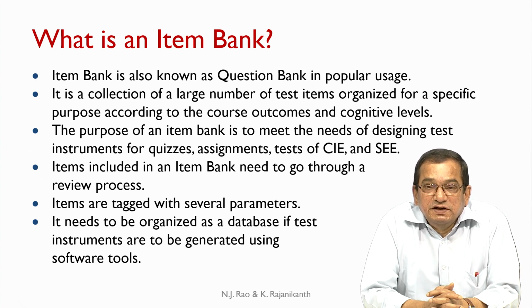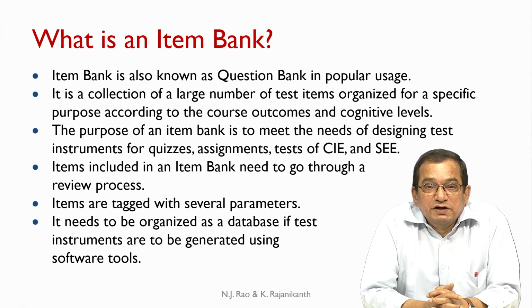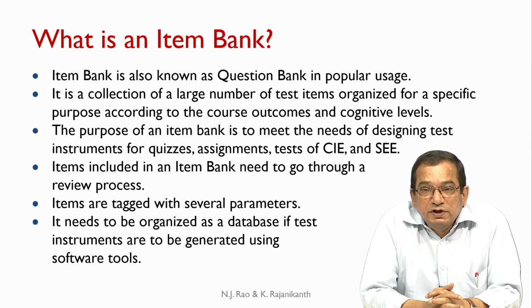So, it is necessary that there is a process in place to review the items before they are allowed to enter the item bank. So, items included in an item bank need to go through a review process, and in order to make use of these items in the item bank while composing a specific assessment instrument, we need some additional information.